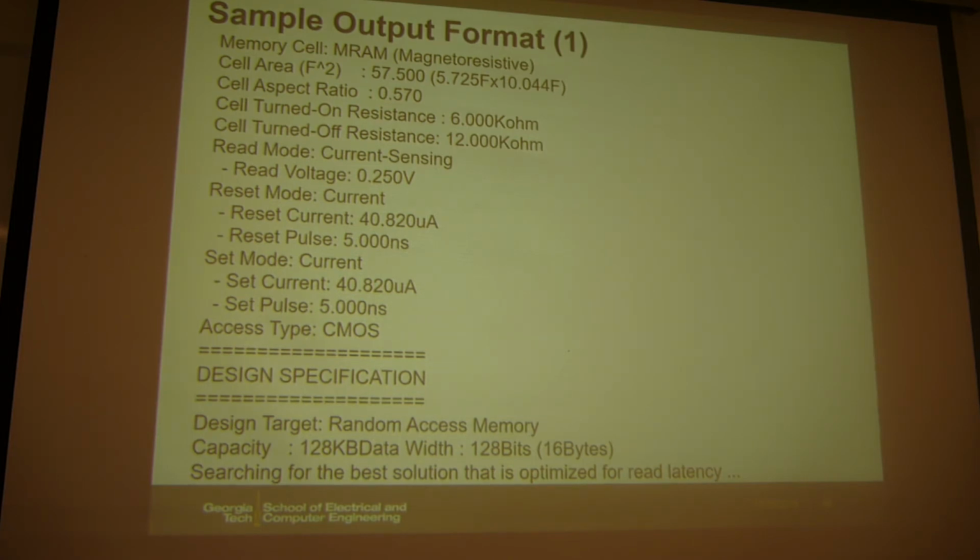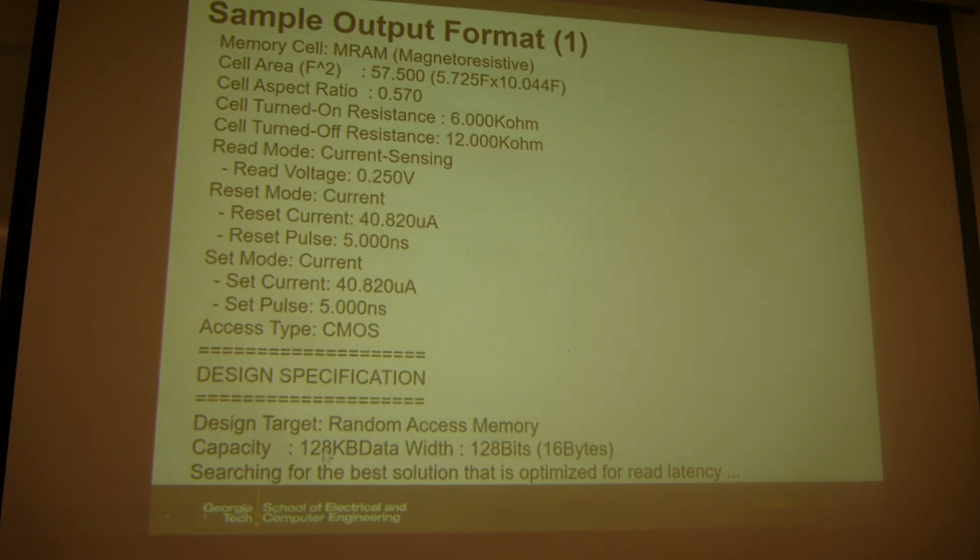And here is the sample output format. It will print out those pieces of information for you. First, I think it will repeat your input assumptions. So here will be the same as your input, basically repeating what you have input for the cell level parameters, and then your design specs.